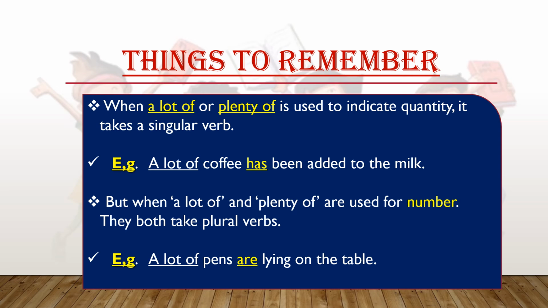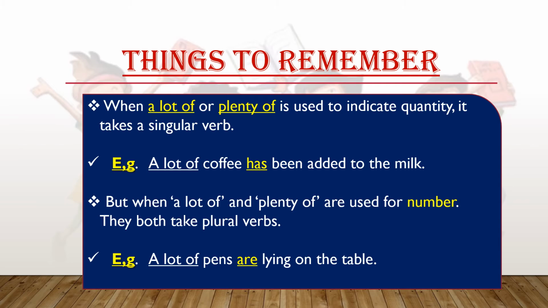Moving on to the next point: when a lot of or plenty of is used to indicate quantity, it takes a singular verb. That means whenever we are using these words, a lot of or plenty of, we have to see if they are indicating quantity. Then in that case, the verb used with them will always be a singular verb.